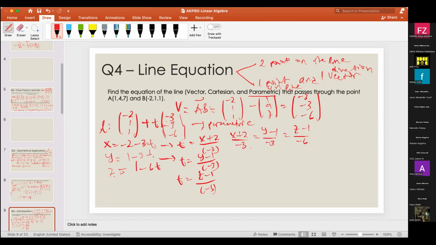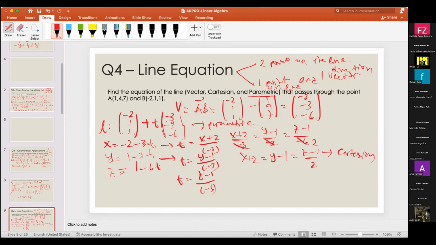All I can do is cross-multiply. This will result in x plus 2 equals y minus 1 equals z minus 1 over 2. And do not in any way whatsoever change the constants. Just leave it like this. And so we have the Cartesian equation.